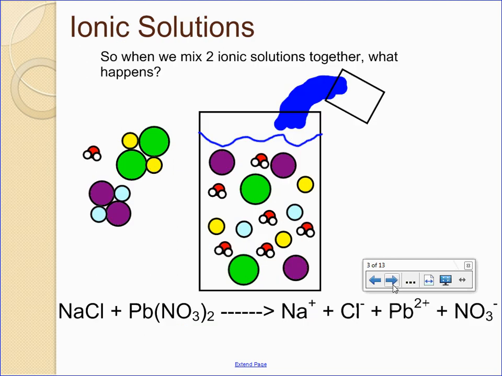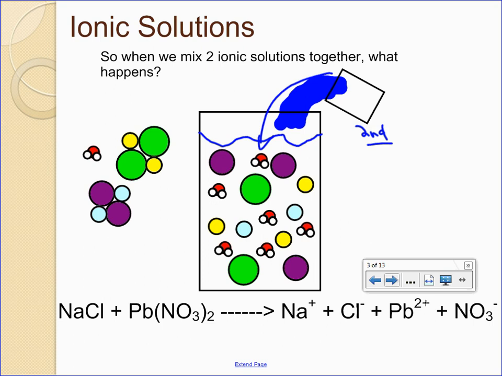But what happens when we mix two ionic solutions together? What is the result of that? If we take a second container with a different ionic compound in solution, we add it into our first container. When those two ions mix together, what is going to happen?